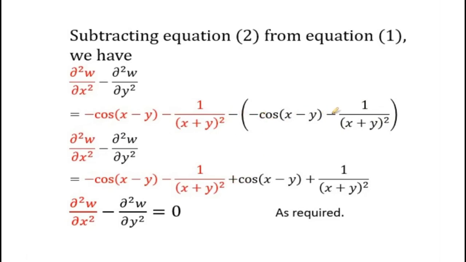Similarly, negative times negative will become positive. So cos(x - y) cancels with cos(x - y) and 1/(x + y)² cancels with 1/(x + y)². So we have ∂²w/∂x² - ∂²w/∂y² is equal to 0, which is required.